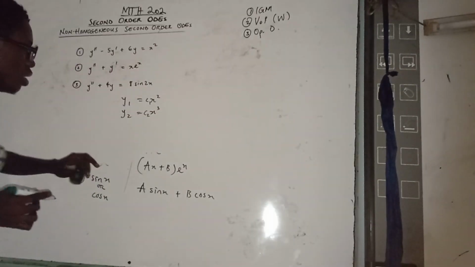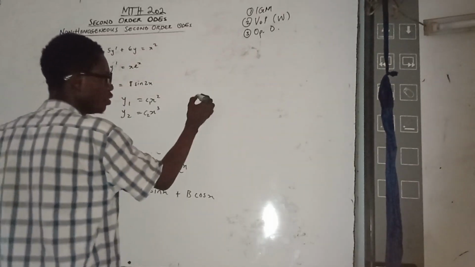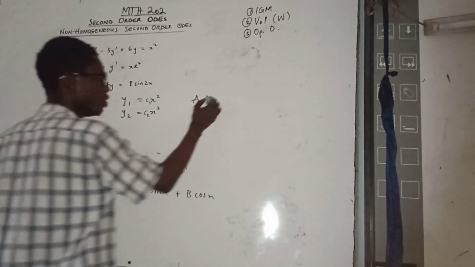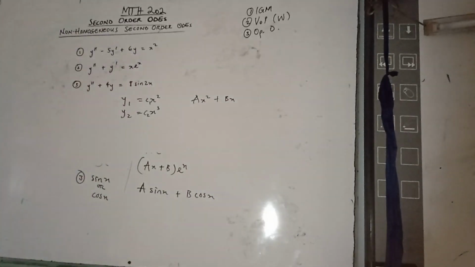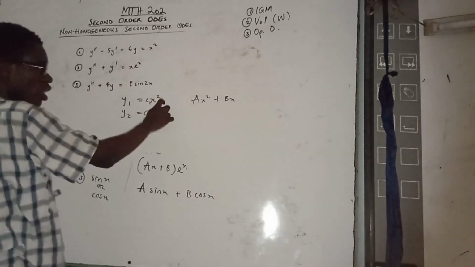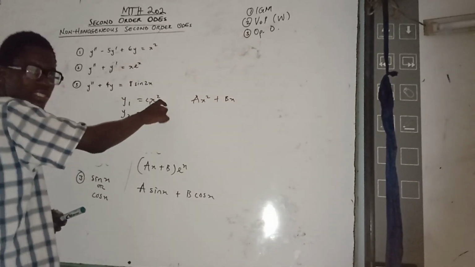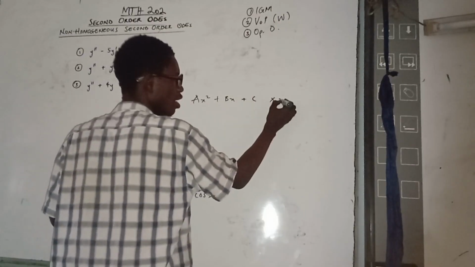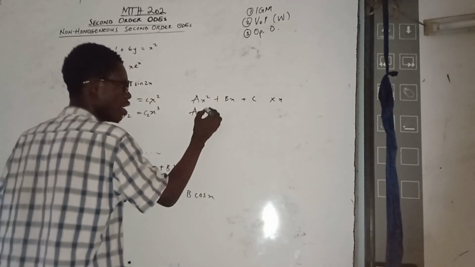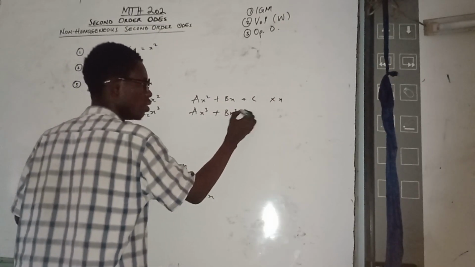That means my initial guess cannot be ax squared plus bx plus whatever, since x squared is already in this solution. I have to multiply everything through by x. So I'm going to have ax cubed plus bx squared plus cx.